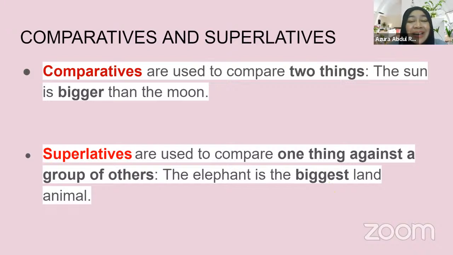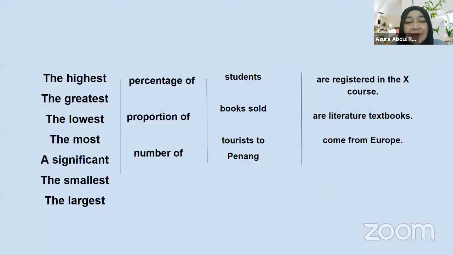There are some places where you cannot put ER or EST; the word changes completely. Look at here. The highest percentage of students are registered in the X course. The greatest proportion of books sold are literature books. The lowest percentage of students are registered in X course. The most number of tourists to Penang come from Europe.